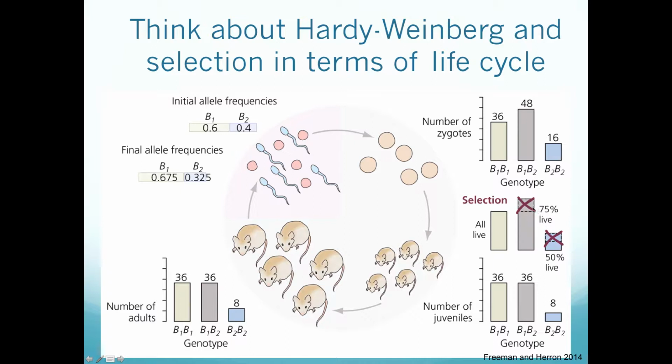So in this case, we're doing viability selection. So 75% of the heterozygotes live, and only 50% of the homozygous B2 live. And we take that around, and allele frequencies in the population change, and they change such that B1 increases and B2 decreases.